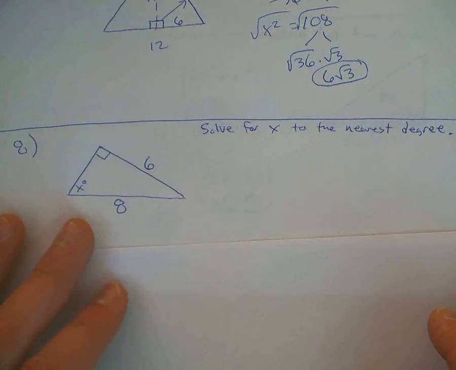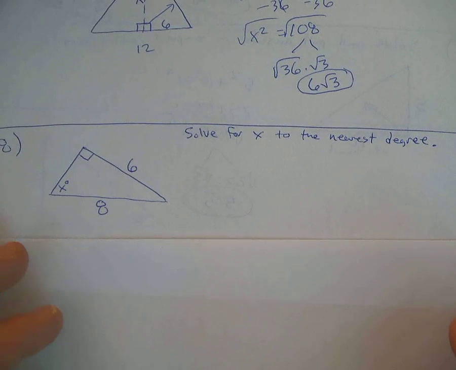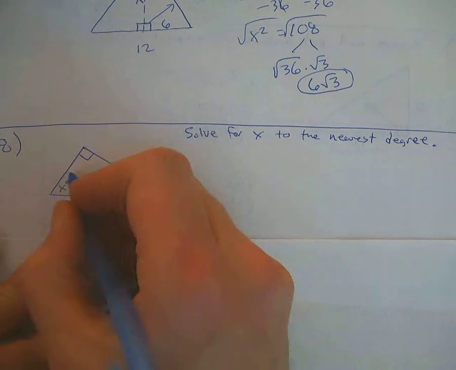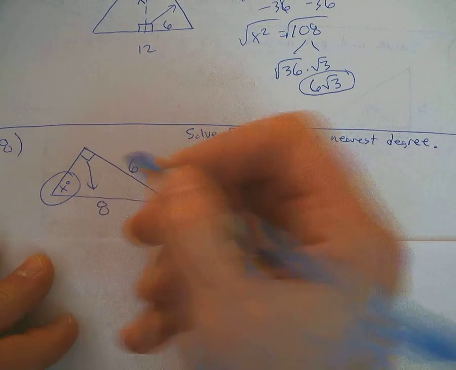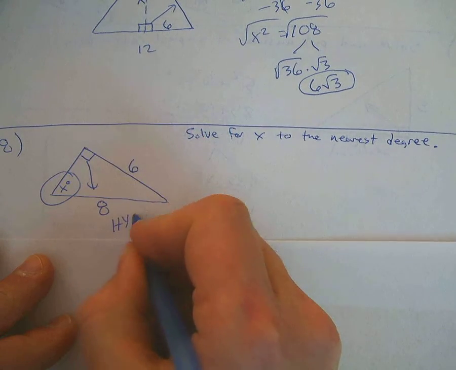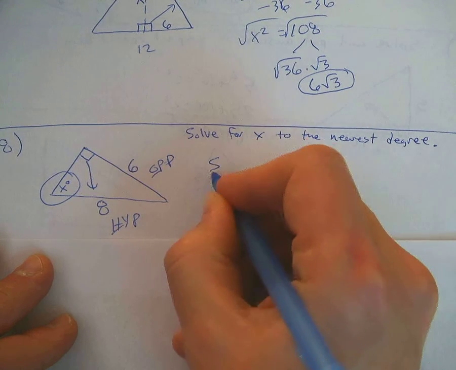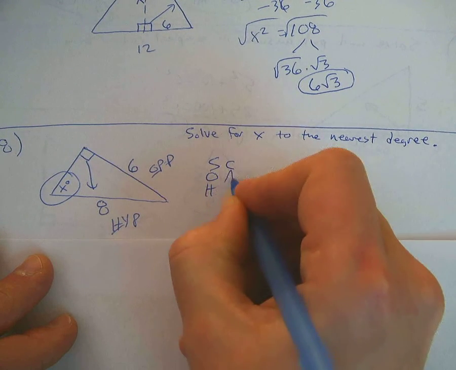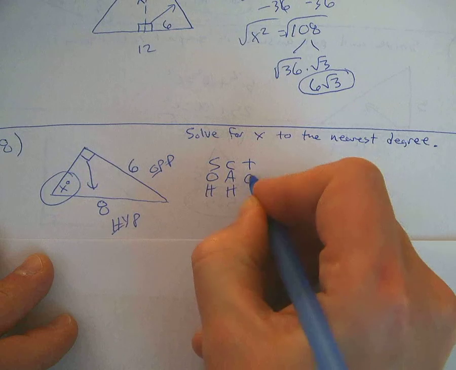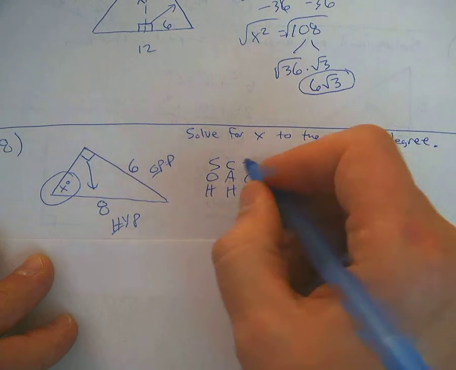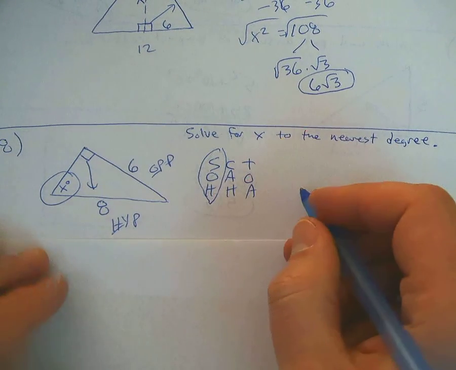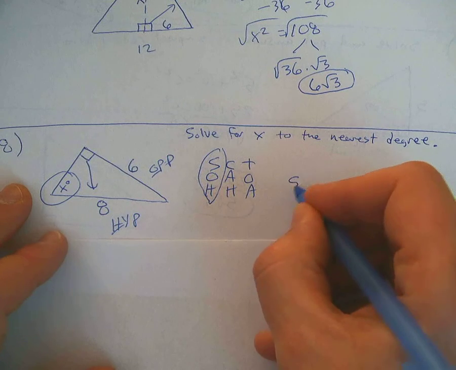All right, going on to this one. We want to solve for x to the nearest degree. We had one similar to this earlier, but not the exact same. So from here, label our sides. This is the hypotenuse. This is the opposite. We have an O and an H, so we use SOH-CAH-TOA. O and H would be sine. Now we don't know the angle, so it's going to be inverse sine.